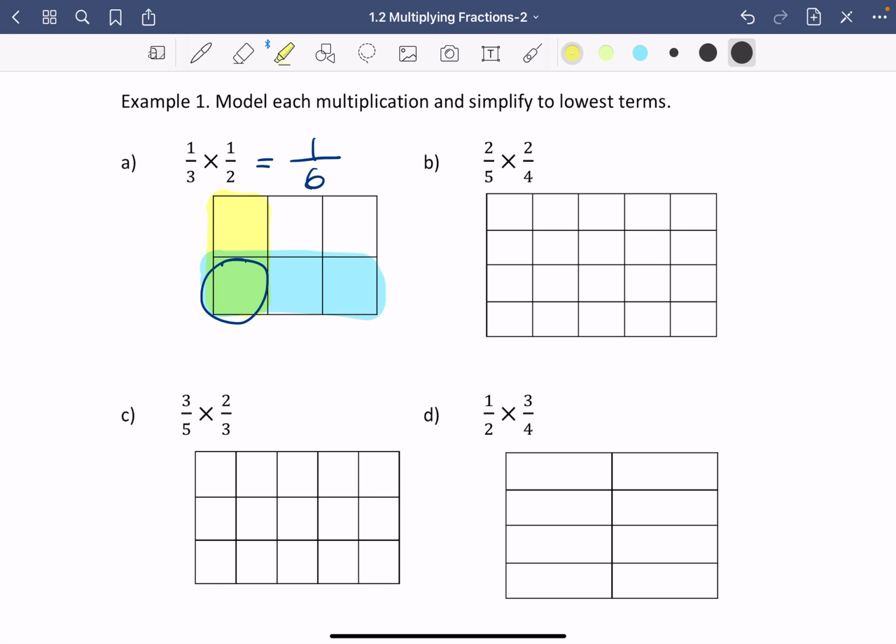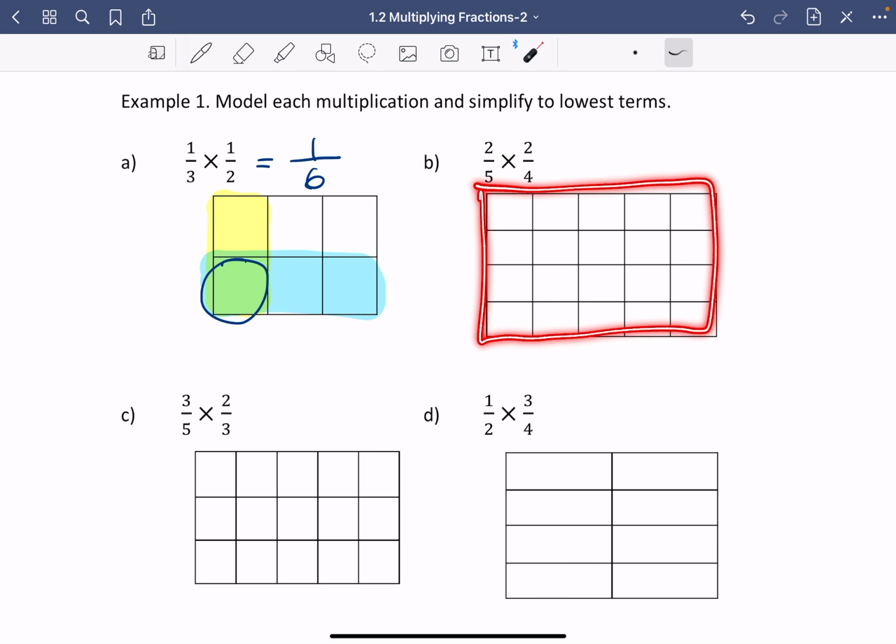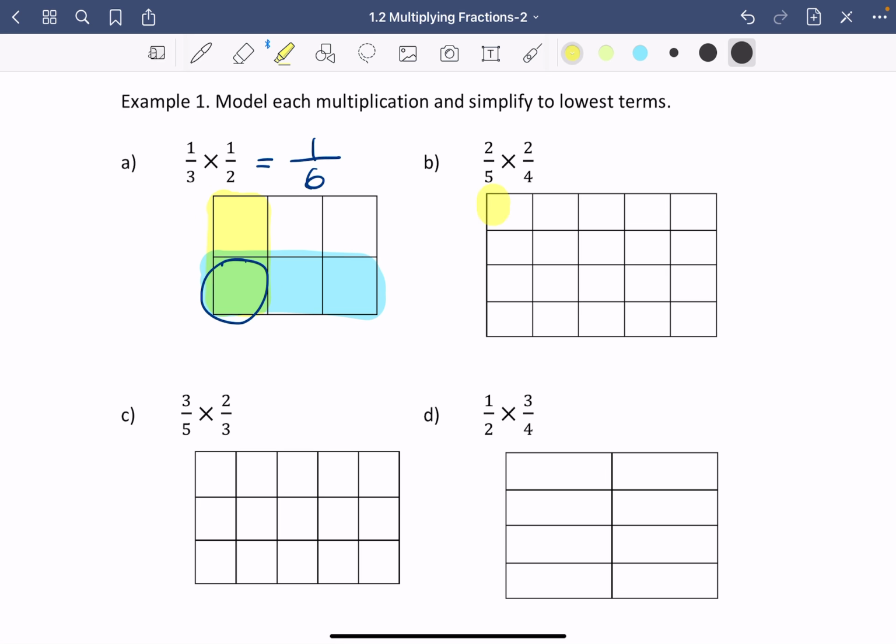Okay, the second one here we have 2/5. So this rectangle is cut into 5 columns. 2/5 is 2 of the 5 columns. So 1, 2. Let's shade them. Okay, and then we're multiplying by 2/4.